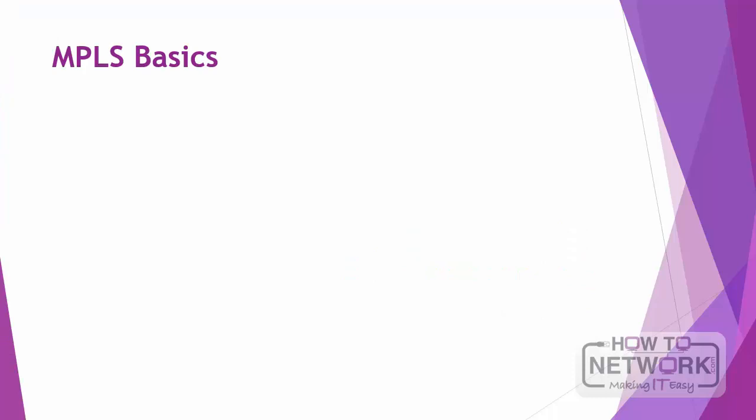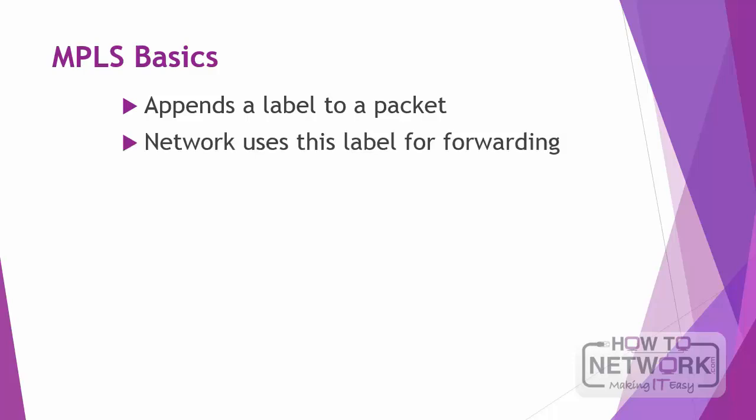MPLS leverages the intelligence of the IP routing infrastructure and the efficiency of Cisco Express Forwarding. MPLS functions by appending a label to any type of packet. The packet will then be forwarded through the network infrastructure based on this label's value instead of any layer 3 information.